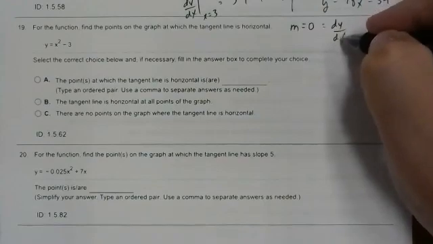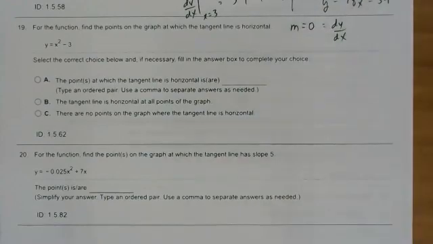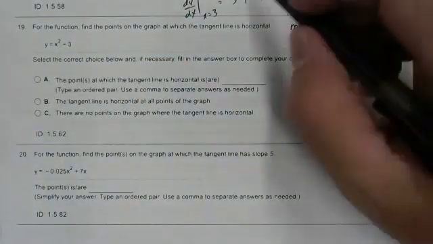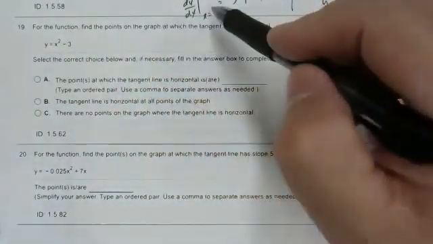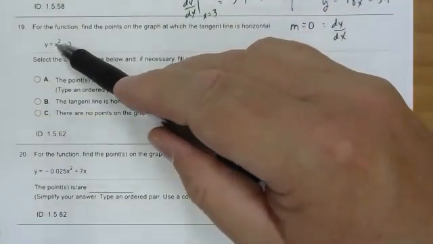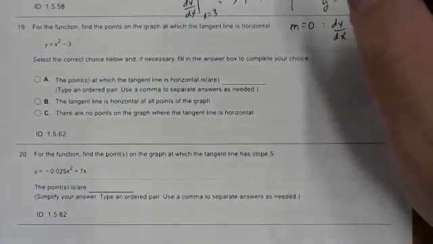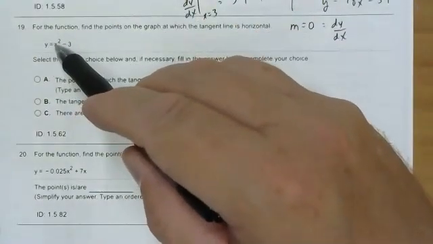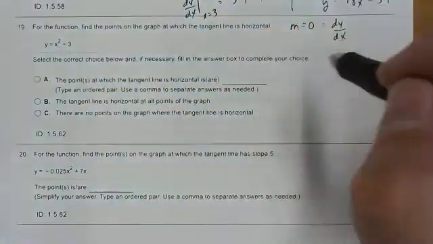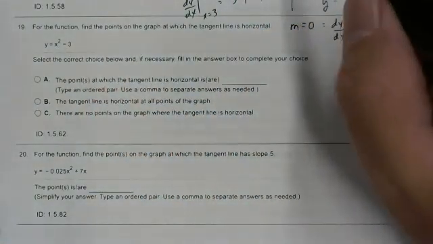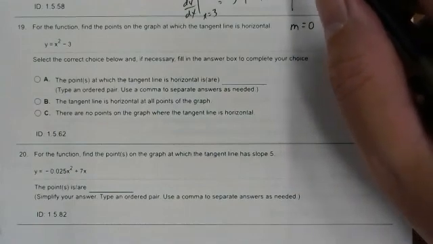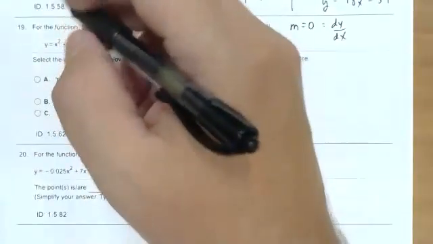So it's the same thing as saying when the first derivative is 0. Here's our function, and they want to find the points where the tangent line is going to be horizontal. So all we're going to do is find the derivative of this function and set it equal to 0 and solve for x. And those will be the points where the tangent line is horizontal.